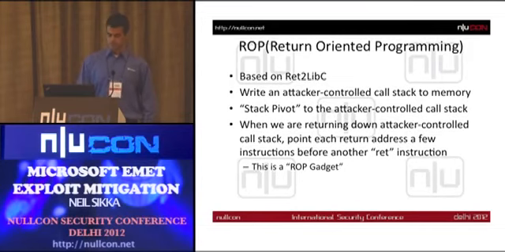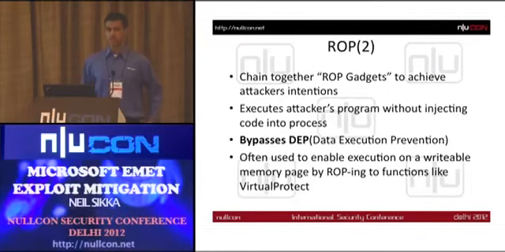These places are called ROP gadgets. So for example, it's a few assembly instructions followed by a ret instruction. And ROP gadgets can be chained together to achieve the attacker's intention without the attacker actually inserting code into the process.